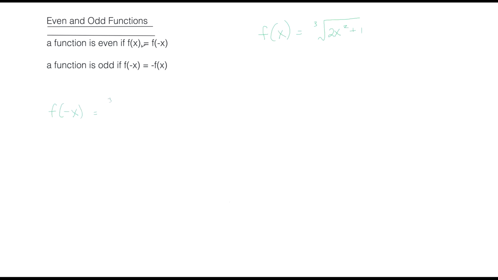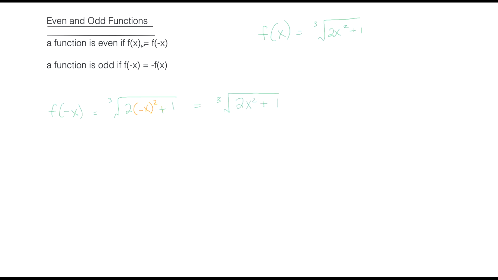Cube root of 2 times minus x squared plus 1, which is the cube root of 2 still x squared plus 1.